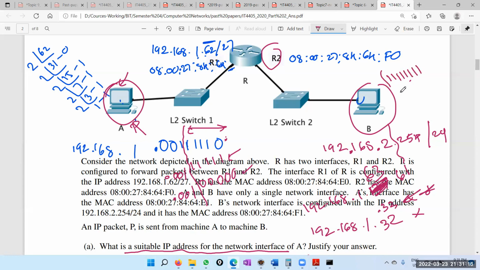So that is your 255, because 1, 2, 4, 8, 16, 32, 64, 128, 256. So this is 256 minus 1, 255. Sorry, this is 254. So therefore, there's a 0 here, because it says 254, not 255. Right. And it is /24.